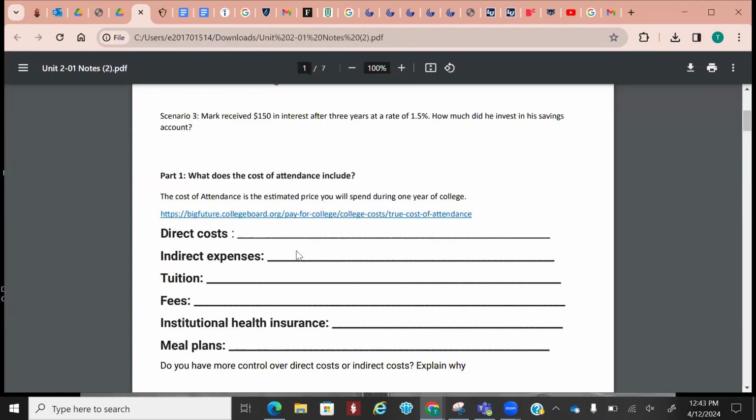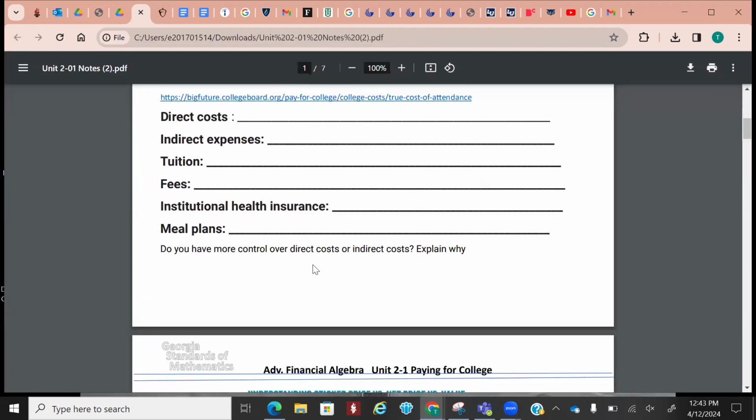Again, each college experience is going to be different. You have to look at what is most effective for you. So do you have more control over direct costs or indirect costs? You have more control over indirect costs, and that's because you can pick your textbook.